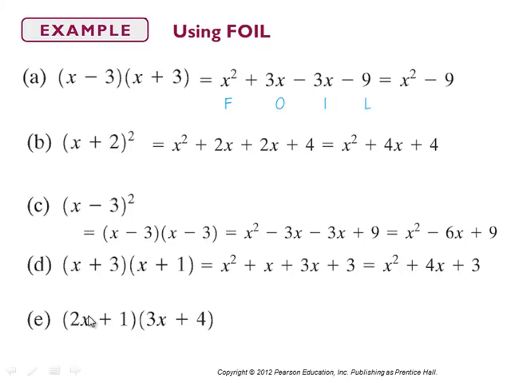And here for part E, 2x plus 1 times 3x plus 4, go ahead and FOIL that out. 2x times 3x is 6x squared. 2x times 4 is 8x. 1 times 3x is 3x. And 1 times 4 is 4. And then add 8x plus 3x, and you get 11x.